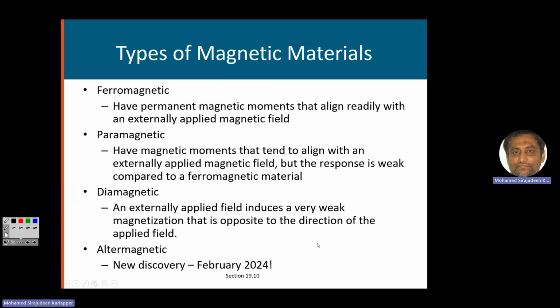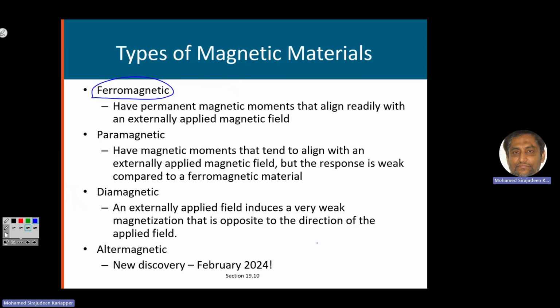Types of magnetic material. We already saw that ferromagnets have permanent magnetic moments. Once you magnetize it, it will be there permanently. That's why we have bar magnets, permanent magnets.